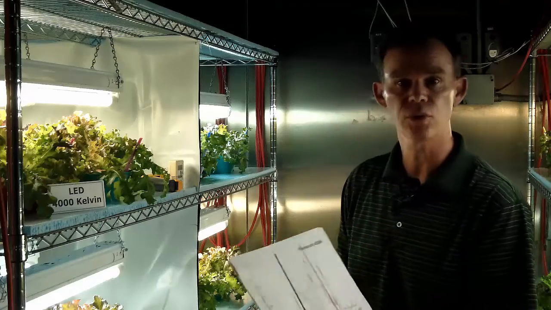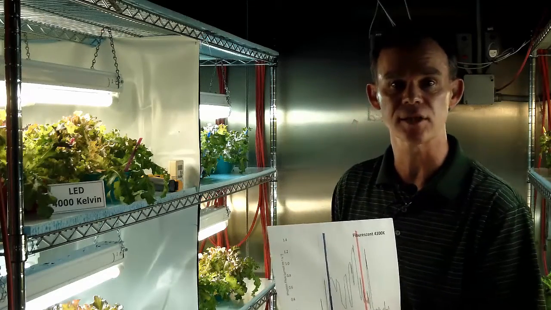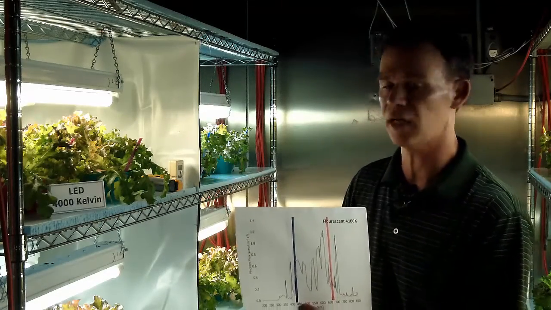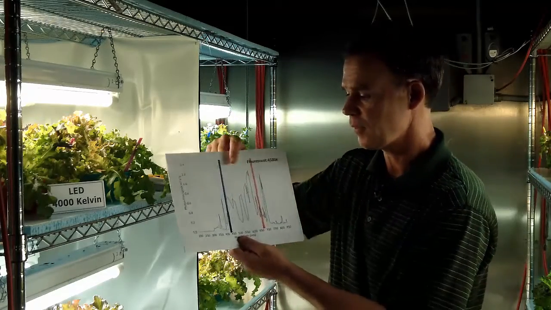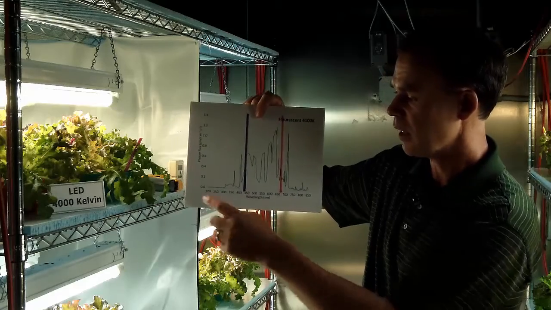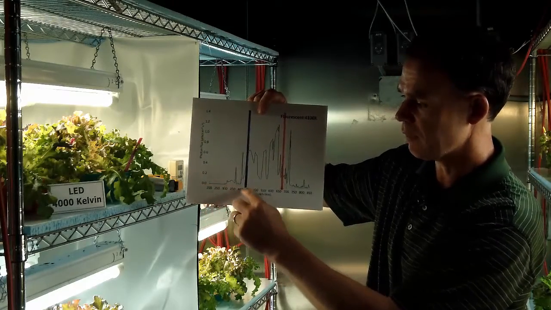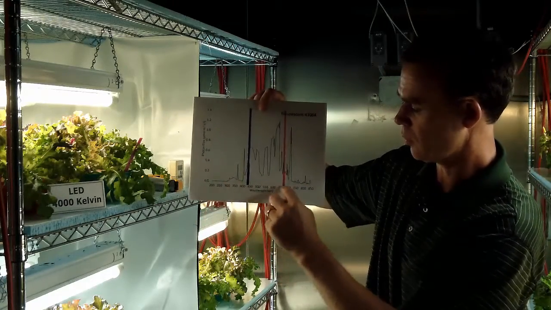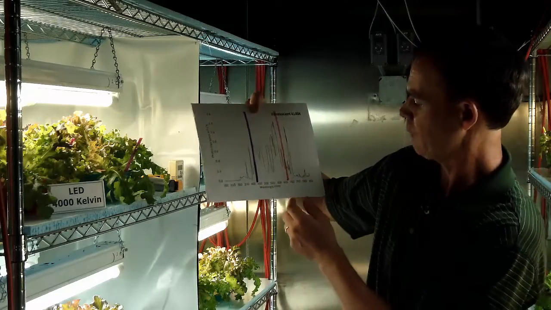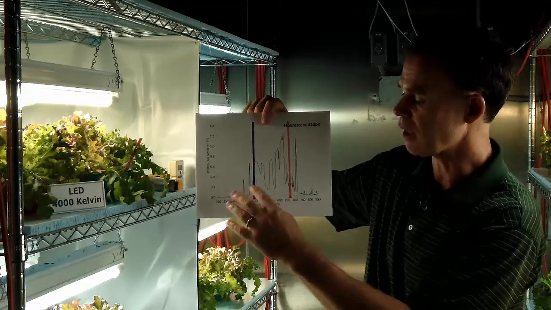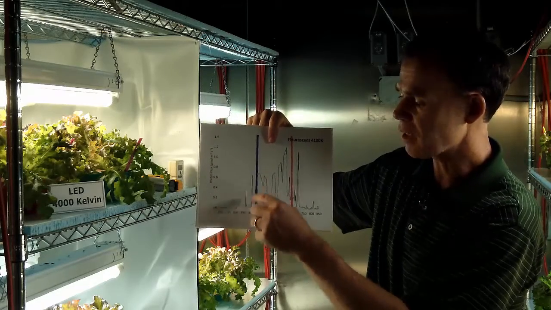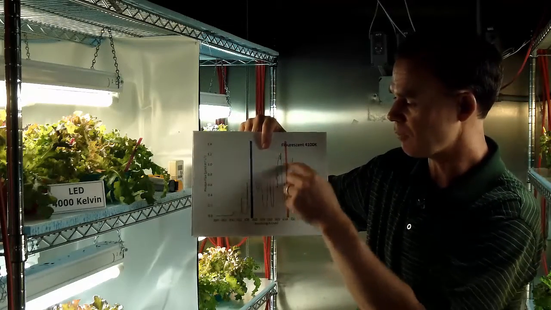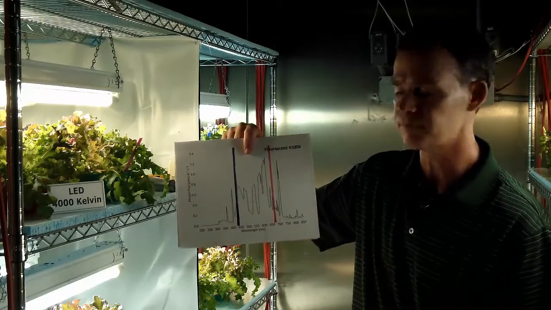So we used a tool called a spectroradiometer, which measures the output of these lights at different wavelengths. And so here, for example, we have one of our fluorescent lights, and this is the wavelengths here, 200 through to 850 nanometers. Doesn't matter if you can't really read this, but the principles are what's important. And this black line is all of the outputs, the different peaks there from the fluorescent.